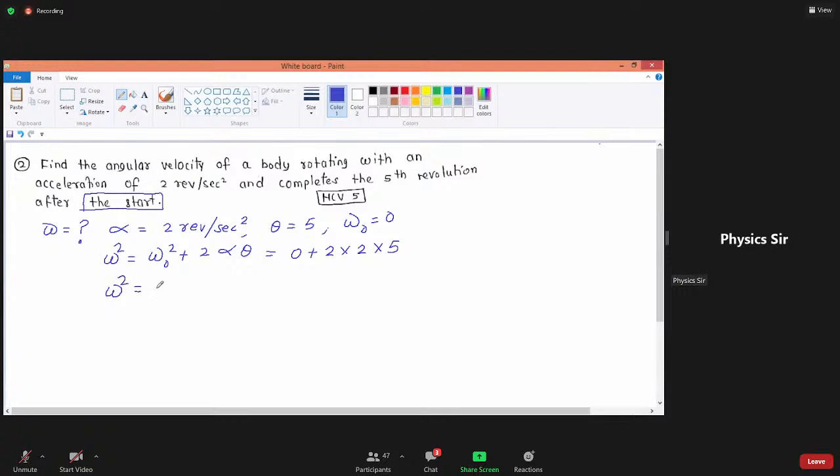So this omega square will be 2 into 2 into 5. Therefore omega will be iska square root. 2 into 2 ka square root is 2. 5 ka square root is root of 5. So 2 root 5. The unit will be revolutions per second. I hope इसमें तो किसी को कुछ भी डाउट नहीं है.